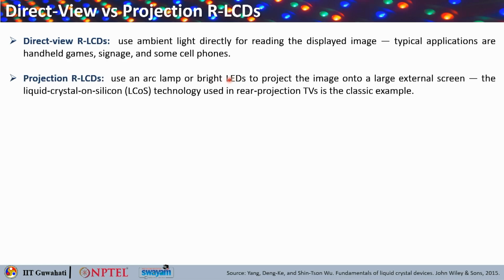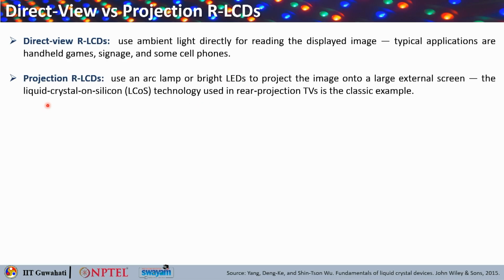So, now let us compare the direct view versus projection reflective LCDs. Direct view reflective LCDs use ambient light directly for reading the displayed image, and the typical applications are handheld games, signage, or some cell phones.